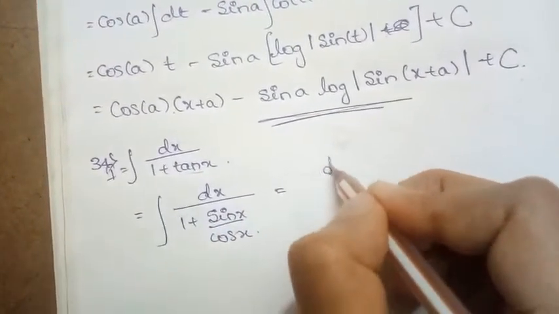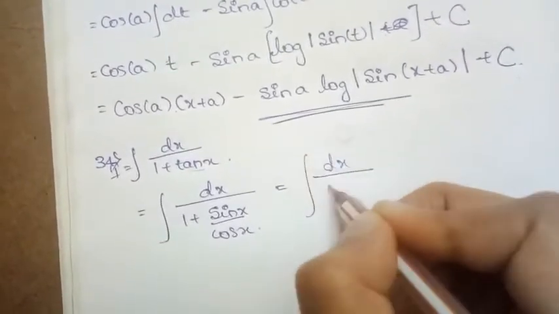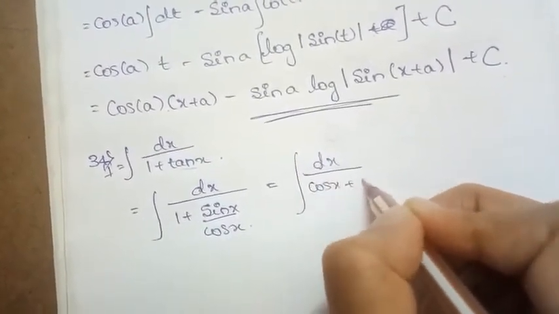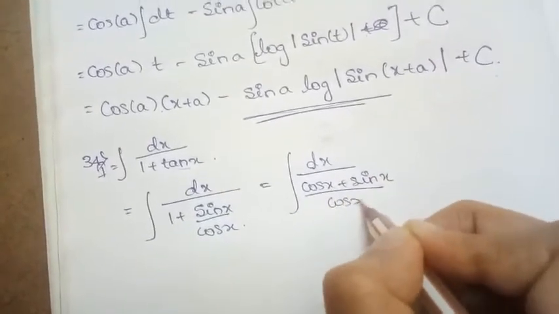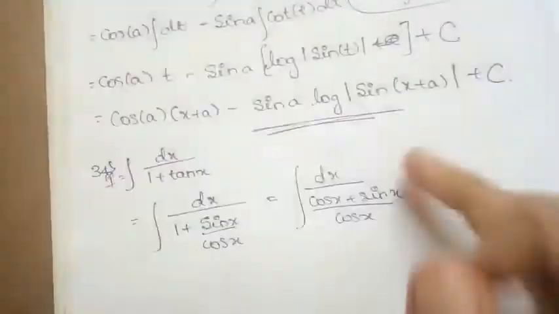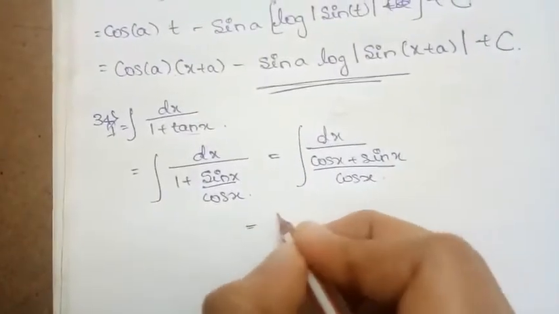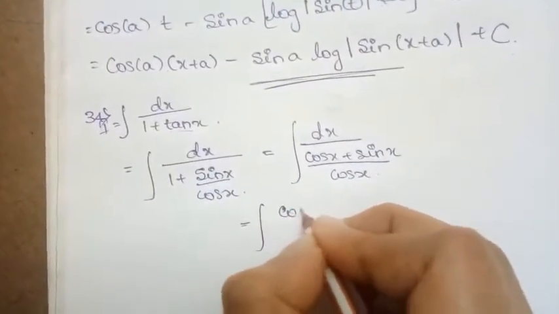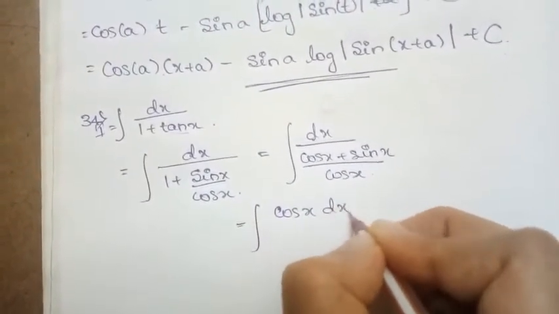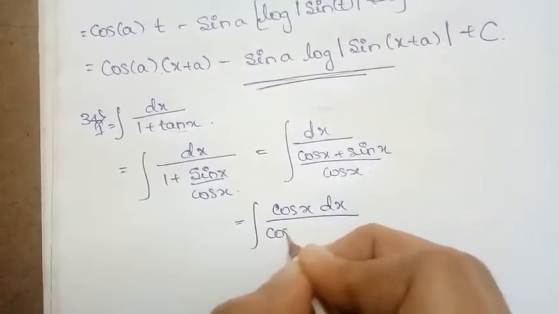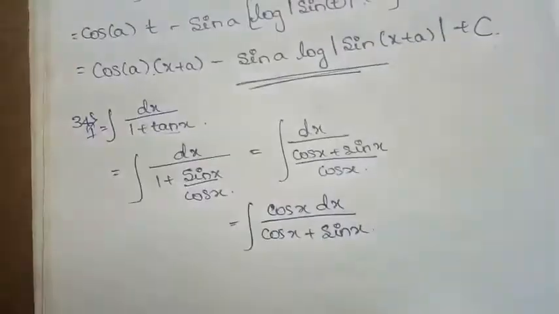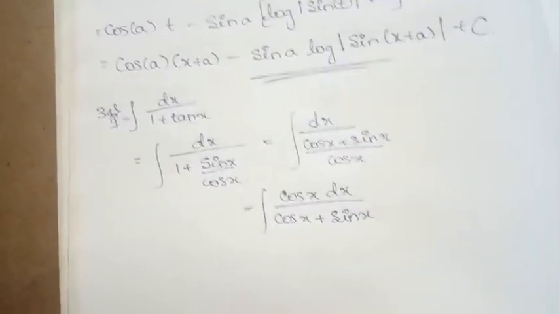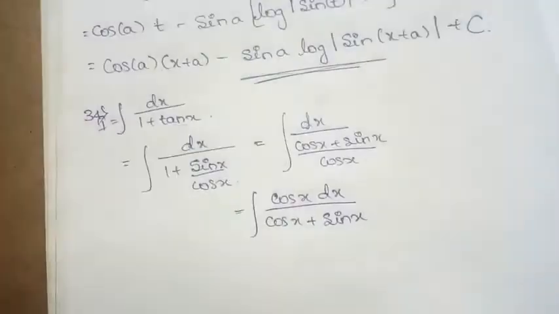So dx divided by (cos x plus sin x) divided by cos x. If I bring this cos x to the numerator, it becomes the integration of cos x dx divided by cos x plus sin x. Now further simplification is required to solve this type of integral.